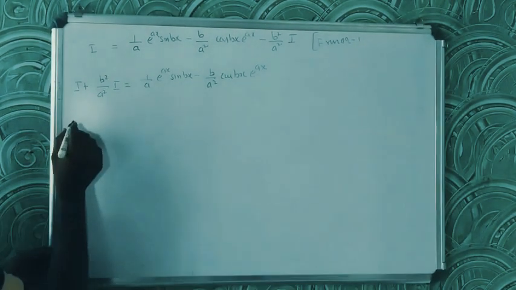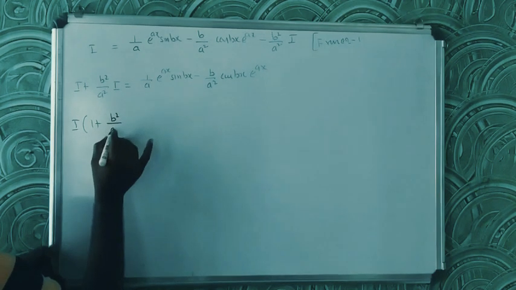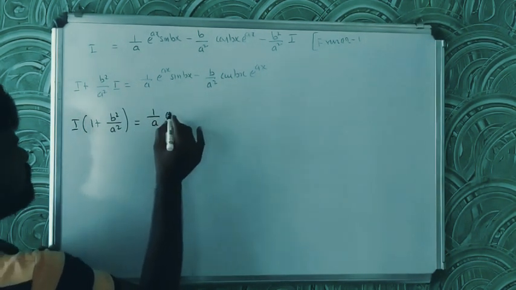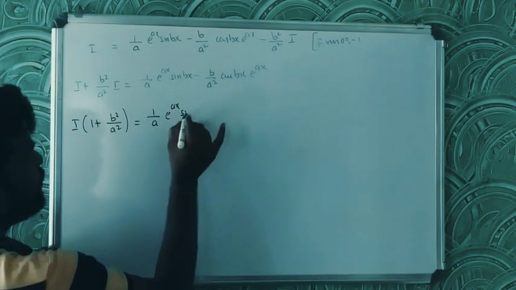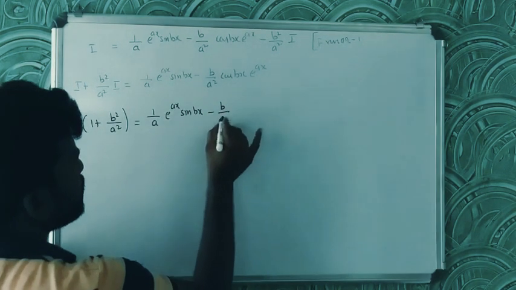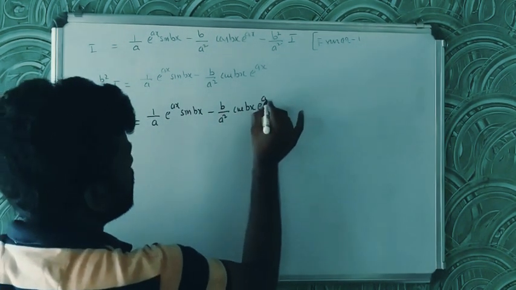Taking I common, we get 1 plus b square by a square is equal to 1 by a into e power of ax into sin bx minus b by a square into cos bx into e power of ax.